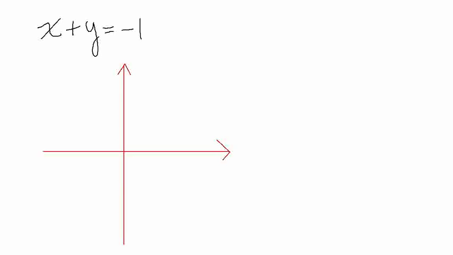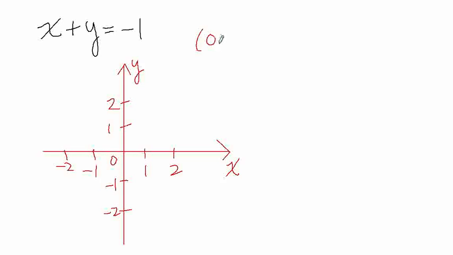So you only need 2 points to get a sketch of the line. That's good news. And we may as well choose the intercepts. Remember that for the intercepts, we can just set x equal to 0 or y equal to 0. So 0, -1 is a solution to that equation, as well as -1, 0.